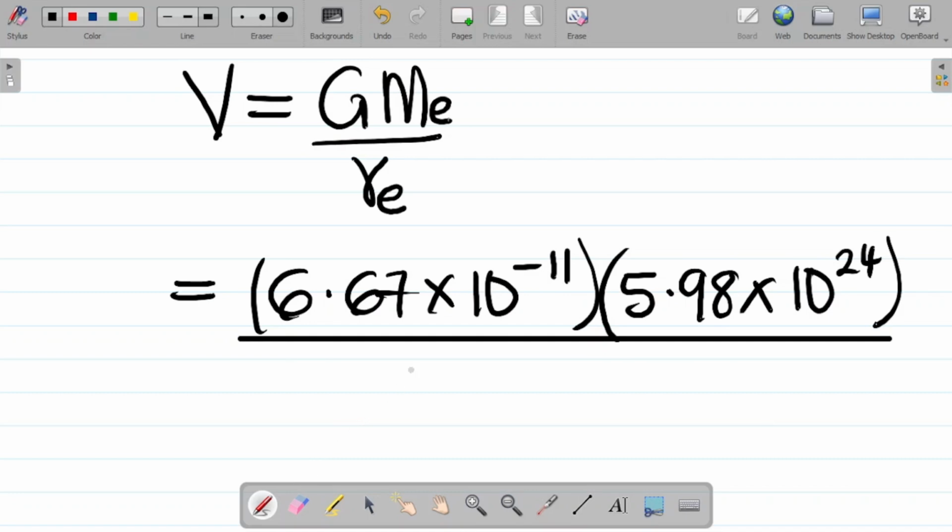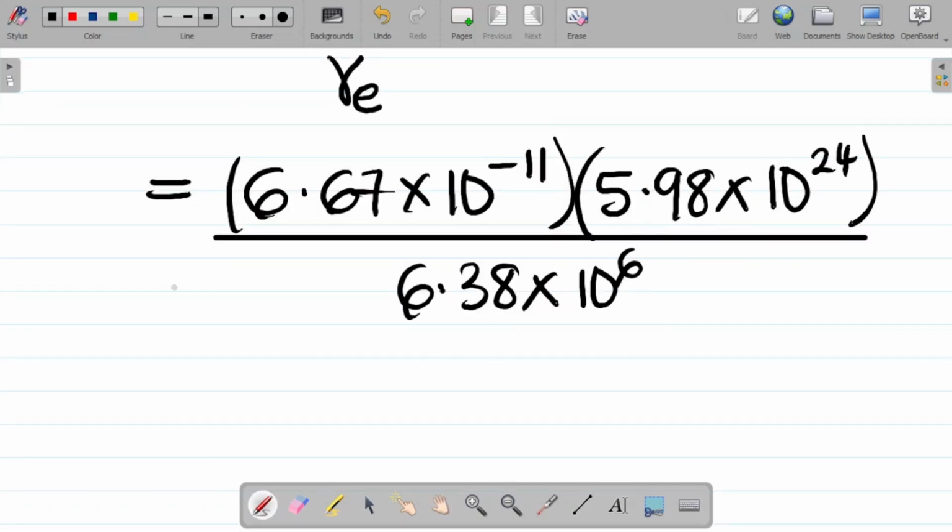The radius of the Earth is 6.38 times 10 to the power 6. So we have this. All right, let's get this done. I'll just simply get my calculator and punch this directly. 6.67 times 10 to the power minus 11 multiplied by 5.98 times 10 to the power 24, all divided by 6.38 times 10 to the power 6.